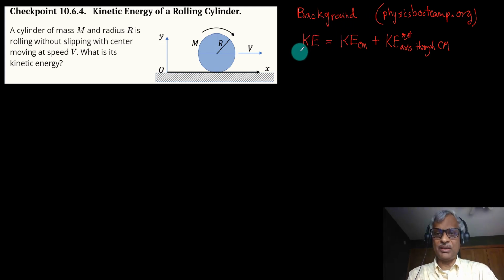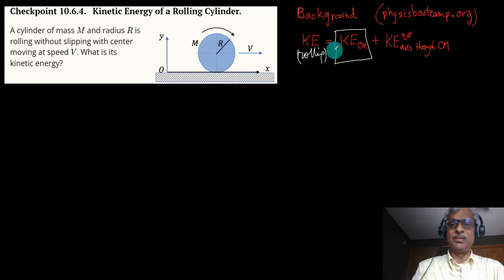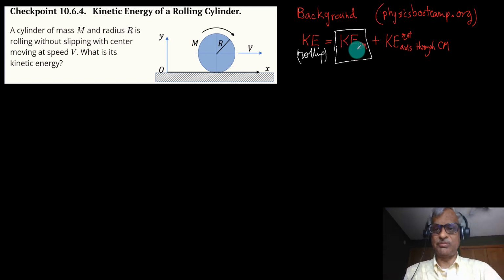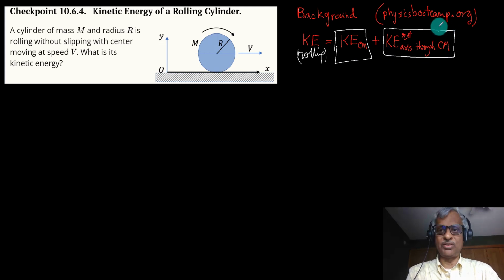The kinetic energy in rolling can be separated into two kinds of contributions. One is the kinetic energy of the center of mass motion, and the other is the rotational motion about the center of mass. In this case, there will be an axis.